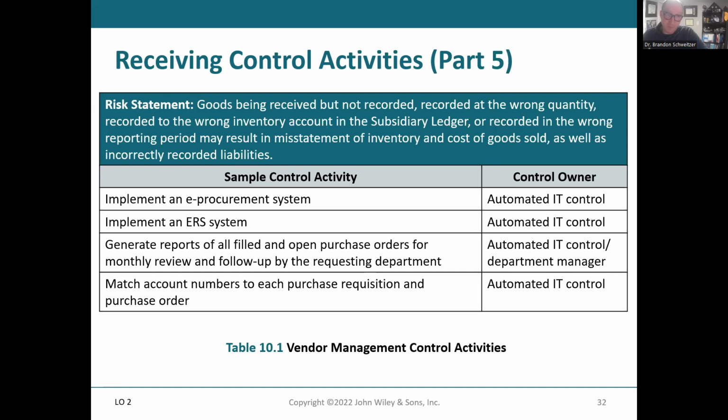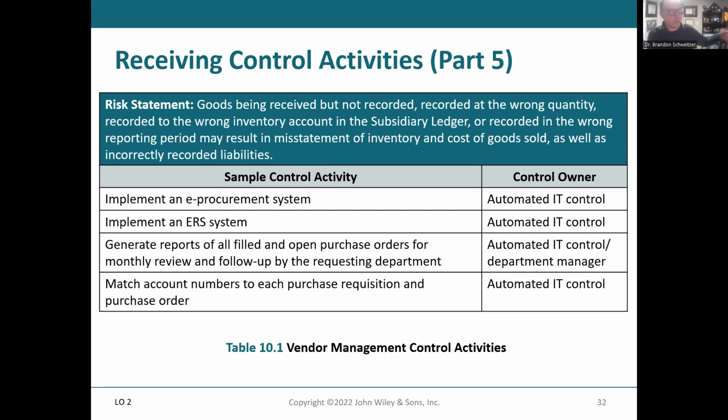Implementing the ERS, definitely. Generate reports that, of course, allow for the purchase orders to be fulfilled, that match up with the requisitions, and of course, match account numbers to each purchase requisition and purchase order. The best way to ensure that this is done appropriately is to make sure that your inventory list in your accounting information system is up to date and matches the inventory numbers associated with your vendor.